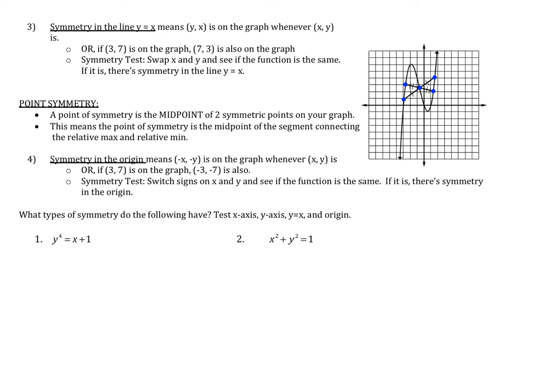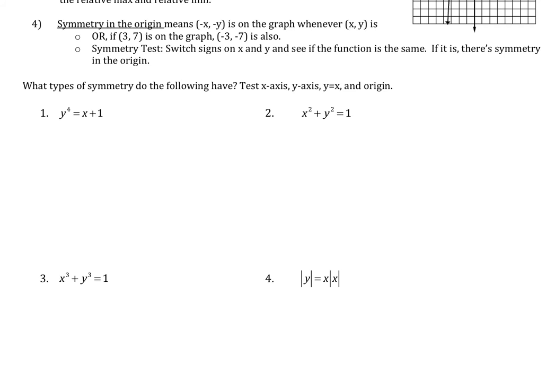We're just going to go through a bunch of these examples here and check to see what types of symmetry we have, if we have any. I like to write myself a little reminder above each of these. When I'm testing for symmetry in the x-axis, I plug in (x, -y).